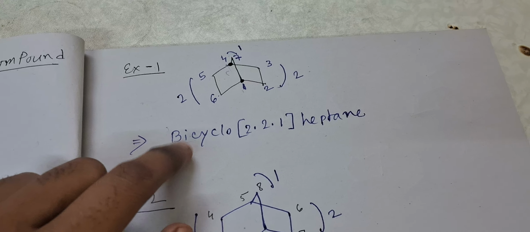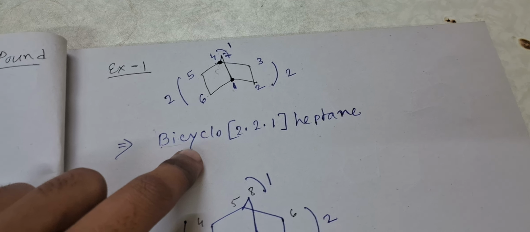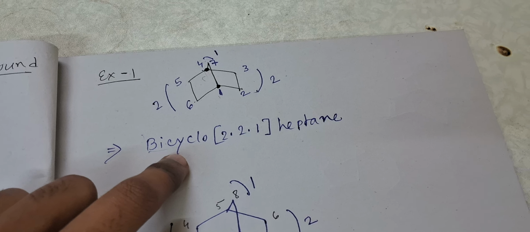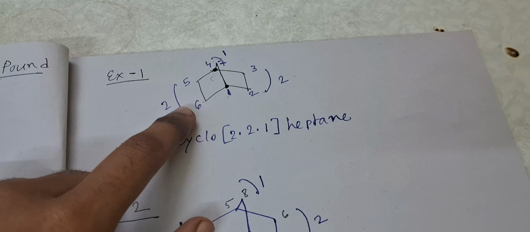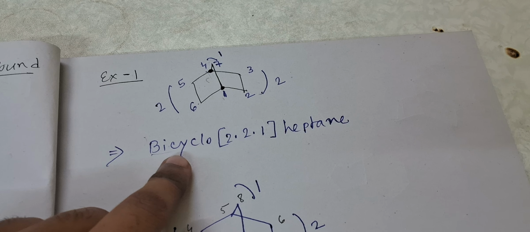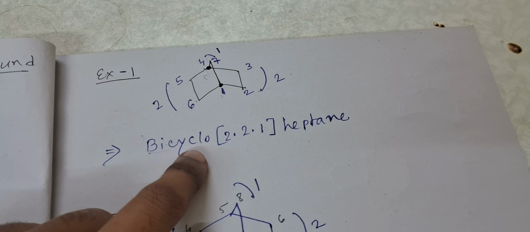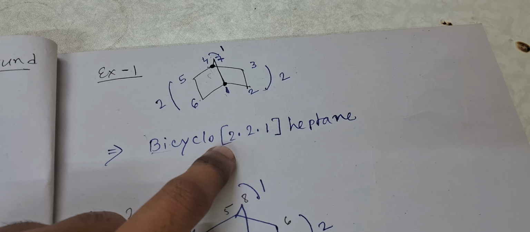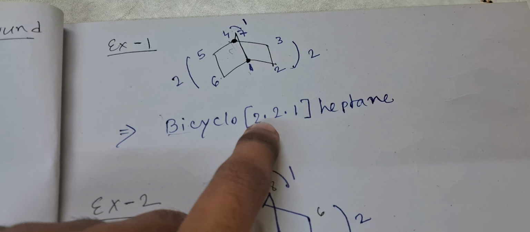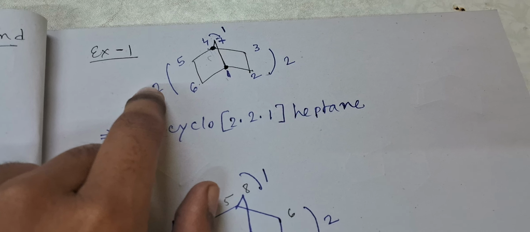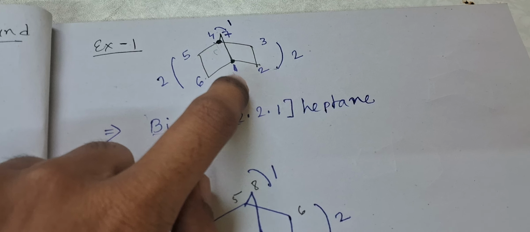Okay, so in this case, whenever the compound is devoid of substituent, for every bicyclic compound you need to write bicyclo and open the square bracket and write 2.2.1. Here 2 means these two carbon atoms which are present between these two bridged positions.